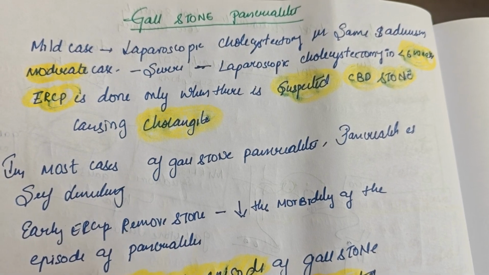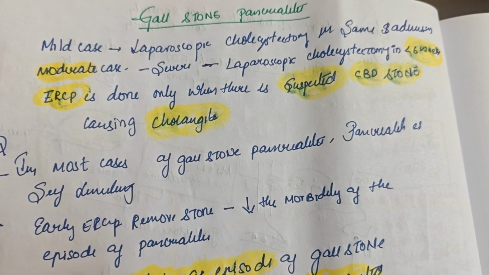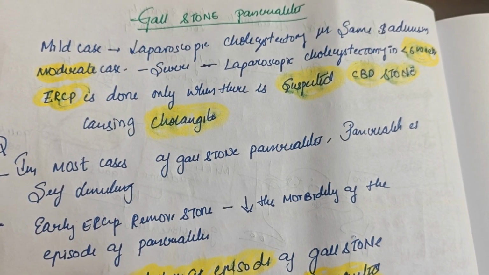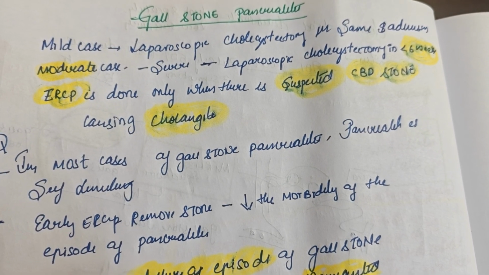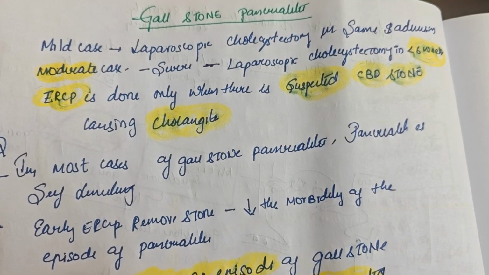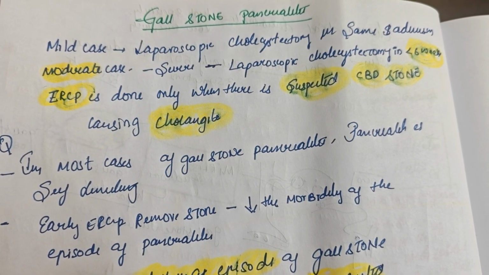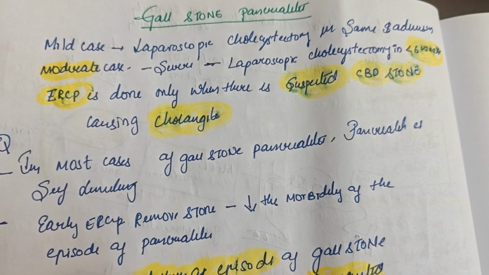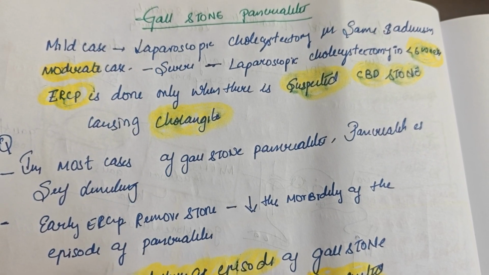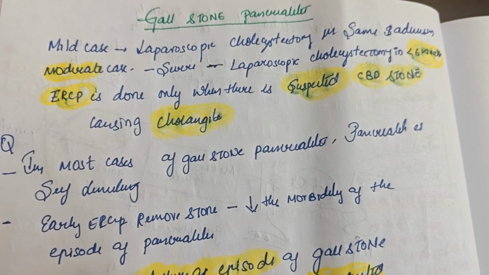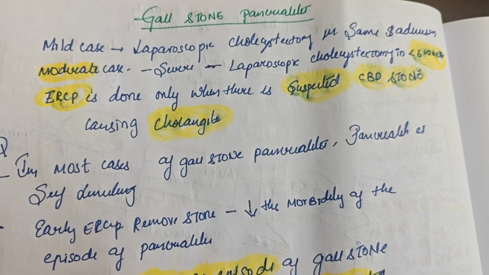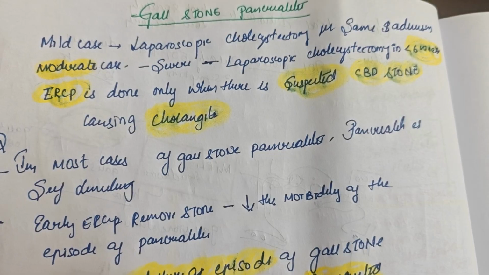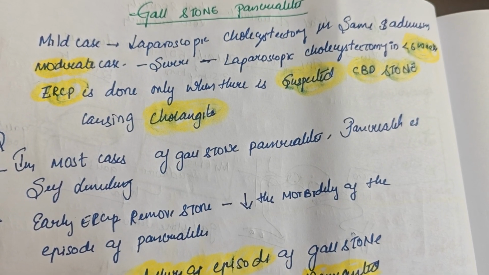Now, what exactly happens here is the stone goes and blocks at the ampulla. I've told you that the common bile duct and the pancreatic duct open into the second part of the duodenum. Because of the block at that aspect, the patient can have an inflammation of the pancreas. So that is gallstone pancreatitis. If it's a mild case, you do a laparoscopic cholecystectomy in the same admission.